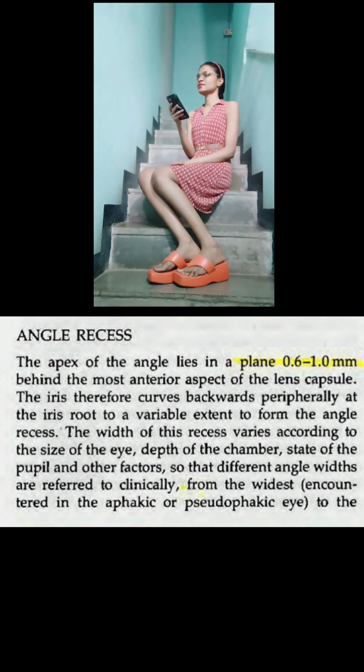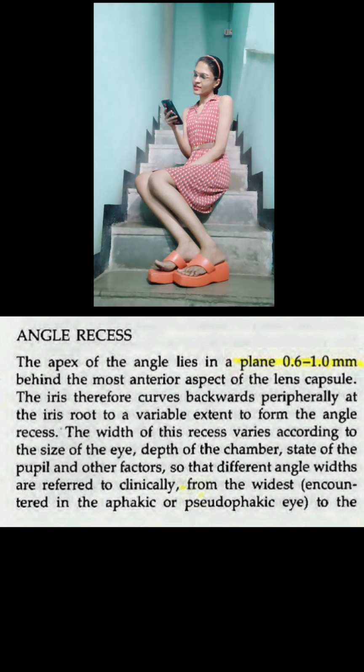Angle recess. The apex of the angle lies in a plane 0.6 to 1 mm behind the most anterior aspect of the lens capsule. The iris therefore curves backwards peripherally at the iris root to a variable extent to form the angle recess.